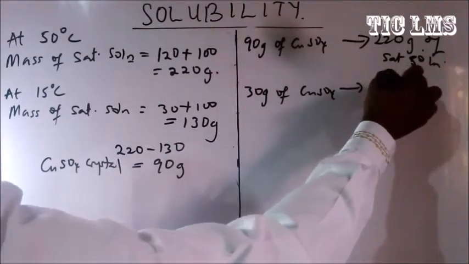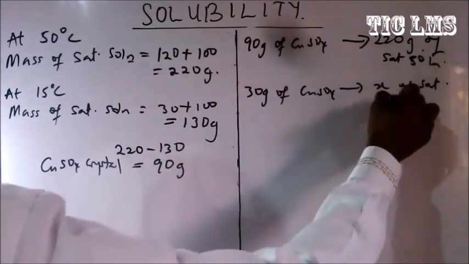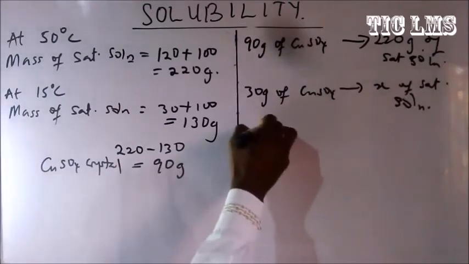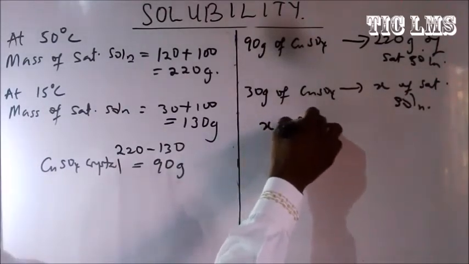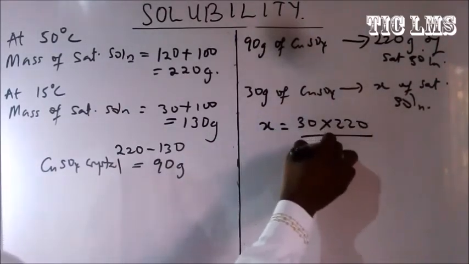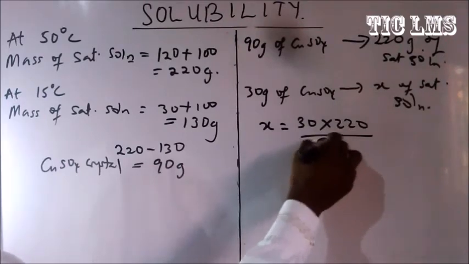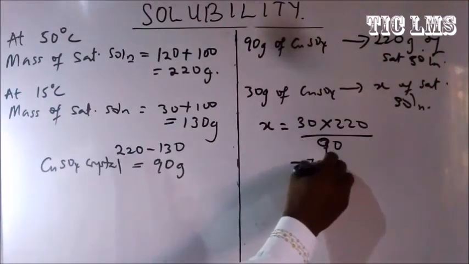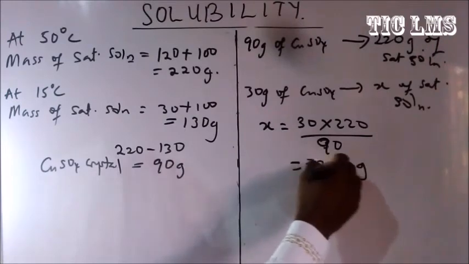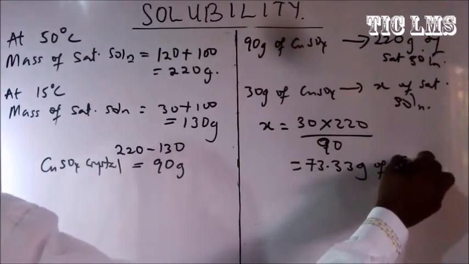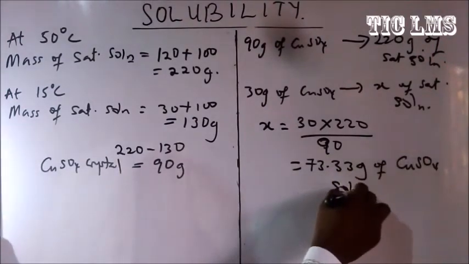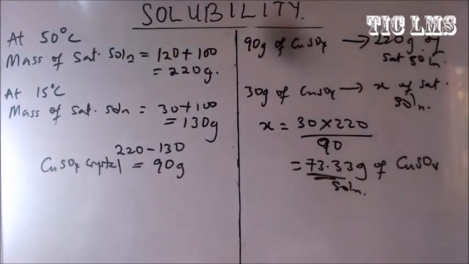So we are looking for X of saturated solution. And so we have that X equal to 30 multiplied by 220 divided by 90. That leaves us with 73.33 gram of CuSO4 solution. So that is the answer.